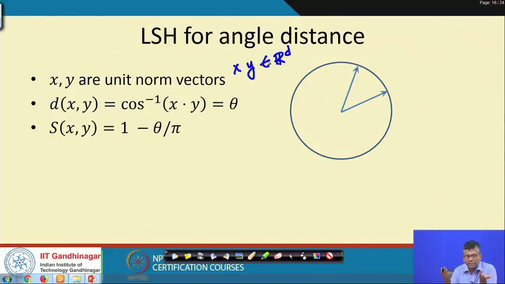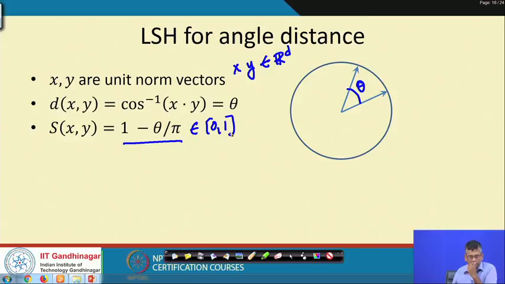But because we are looking at only two vectors x and y, we might as well draw the ball in 2 dimensions. Okay. So the distance between x and y is really the angle between them, the angle theta. The similarity between x and y would be defined as 1 minus theta by pi. I am assuming that cos inverse always returns a value between 0 and pi, so this gives me a value between 0 and 1.